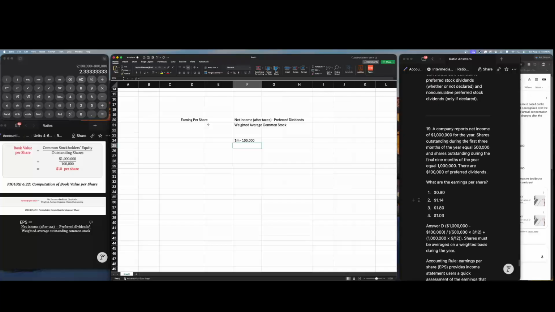The shares outstanding in the first 3 months of the year equal 500,000, and then the final 9 months of the year.